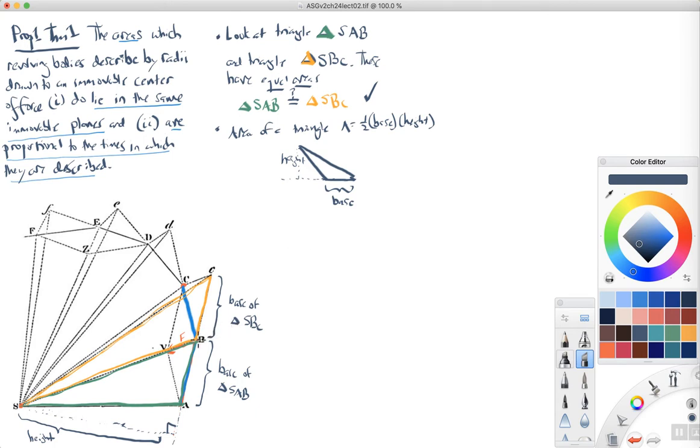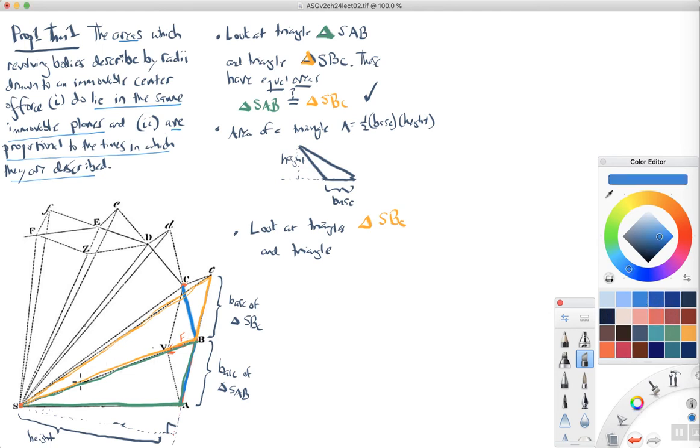But of course, this object, it felt a force right here, so it doesn't end up at point C. Instead, it ends up over here at point big C. So now what I want you to do is look at triangles. First of all, triangle SBC, and triangle, let's make this one a blue one.